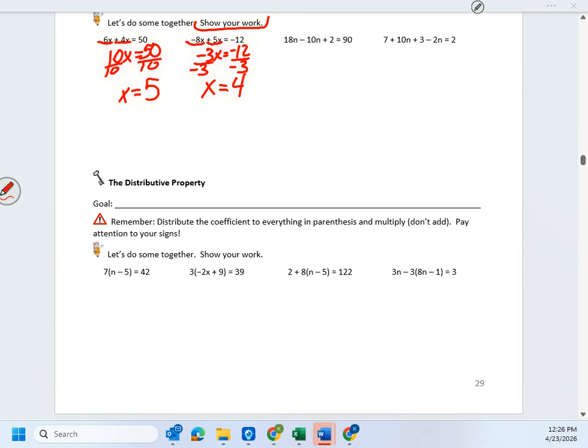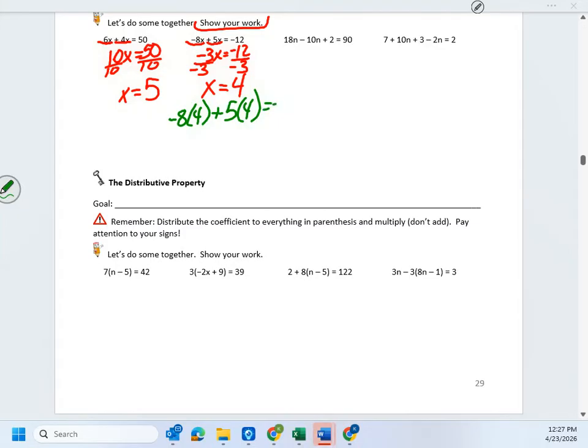Does anybody know how we could check our work to see if we did it correctly? How do you think we check it, Victoria? Say that one more time for me. If I say x equals 4, I can fill that in for my x.